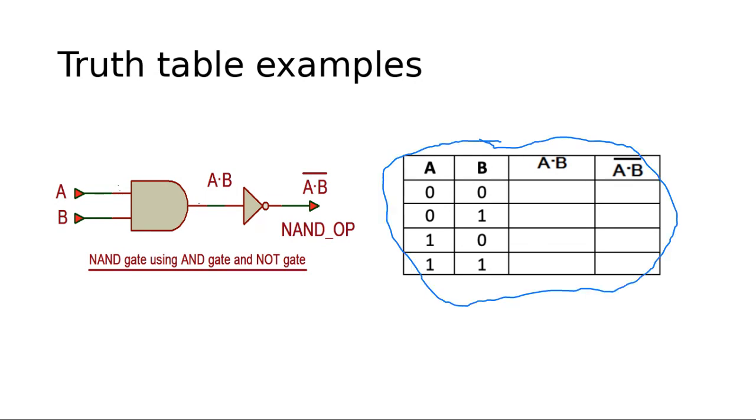You have two inputs, A and B. You have one interconnection, the result of the AND gate, A and B, and you have the final result, not A and B. Can you please fulfill this table, and if you're done, please write done in the chat area.